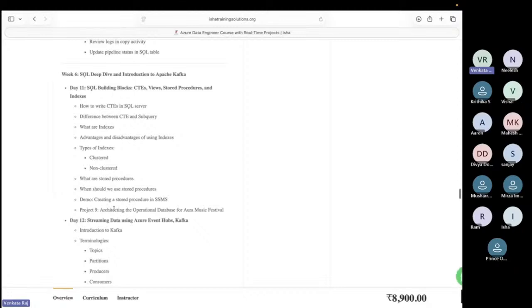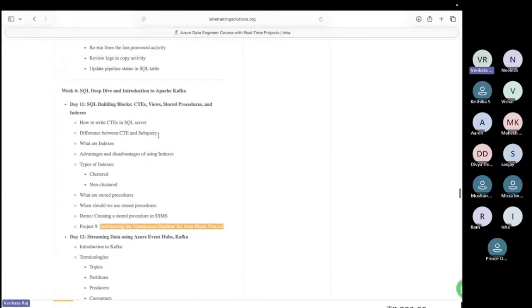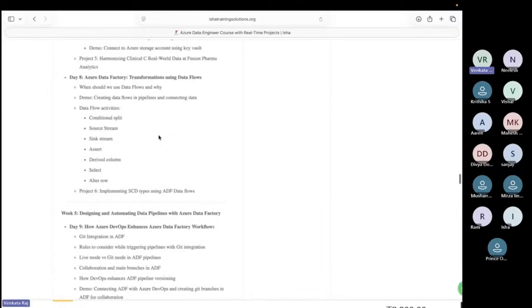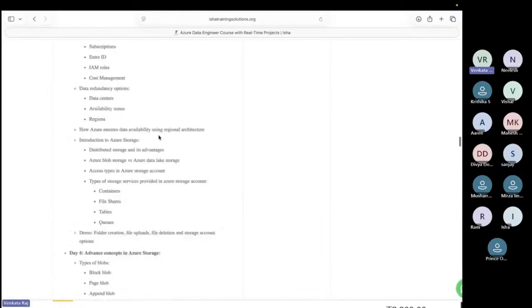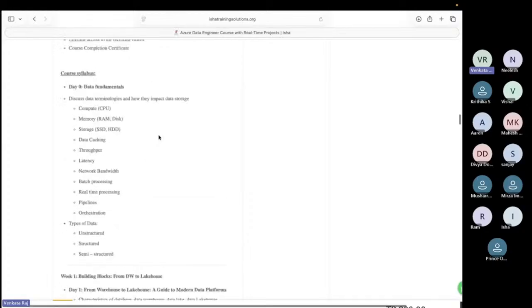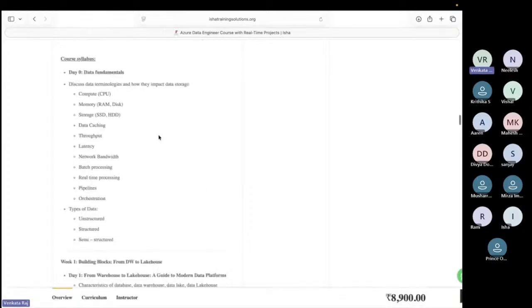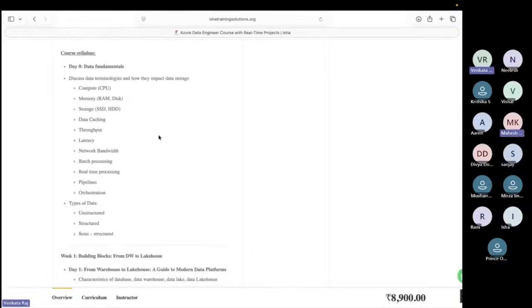We also have a very good project. We will cover the stored procedures, triggers, indexes and CTEs and all here. So we have advanced level topics here. It's just that we need to have some basic understanding before we reach there. Good question. Thank you.